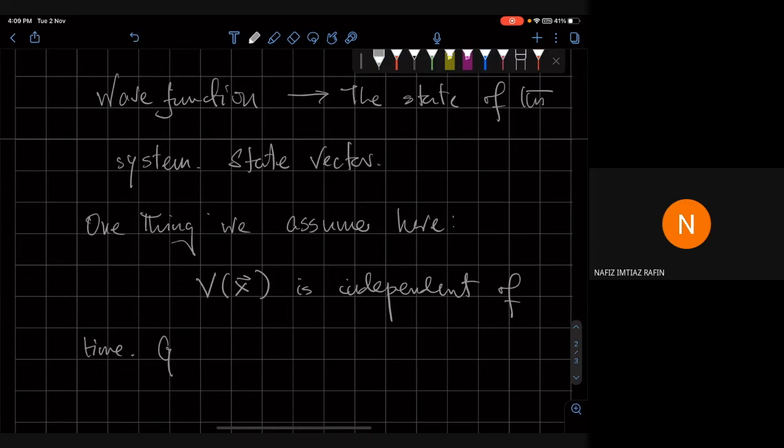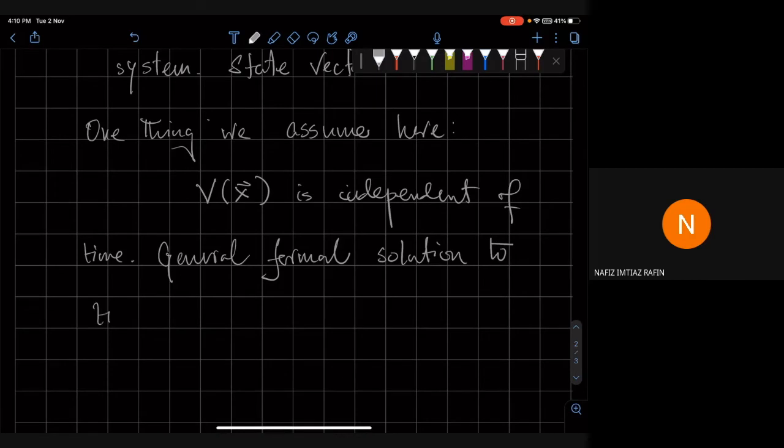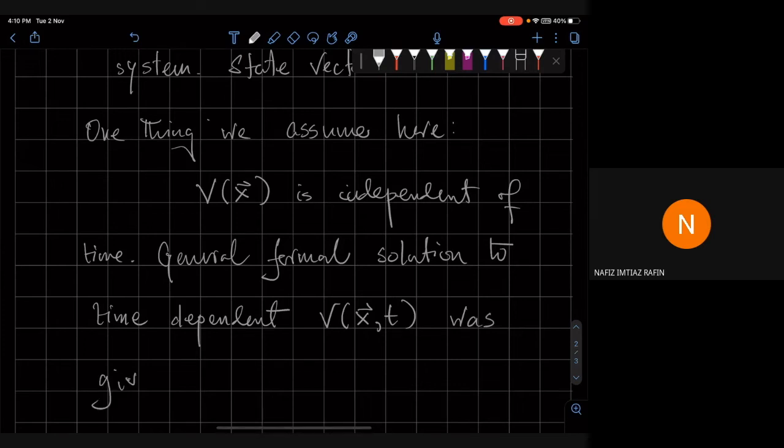The general formal solution to time-dependent V of x, t was given by Freeman Dyson, and it's known as the Dyson series.